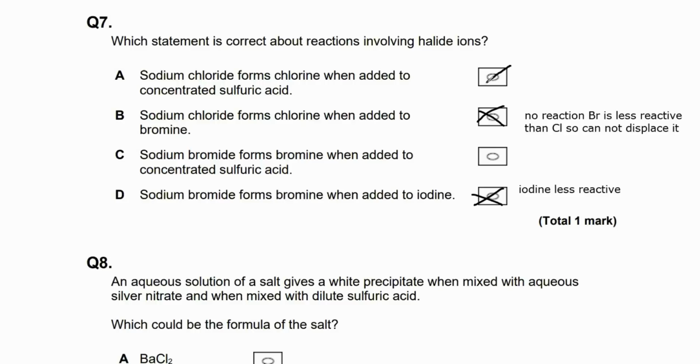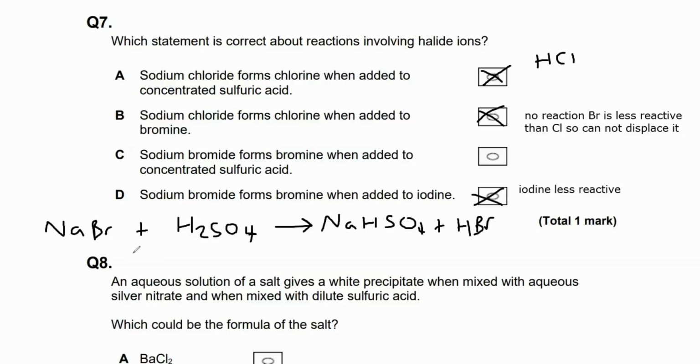The halide ions, that means a halogen which has gained an electron, get to be better reducing agents as you go down the group. Now, chloride ions are not strong enough a reducing agent to form chlorine. They form hydrogen chloride with sulfuric acid. Whereas sodium bromide, you need to know this reaction off by heart.